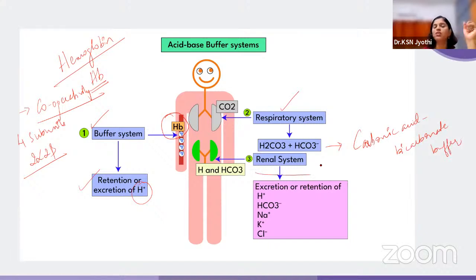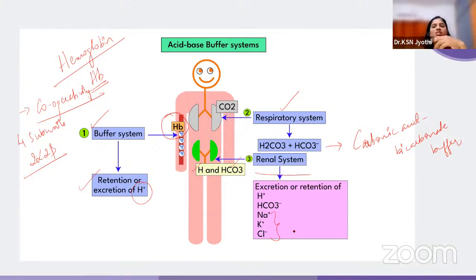Then your kidneys will also do a job by maintaining the H plus and bicarbonate ions again. Now, what do they do in this process to maintain it? They take the help of other important ions which help in the maintenance of your membrane integrity, like sodium ions, potassium ions, chloride ions, because they're all along with your carbonate and bicarbonate ions.